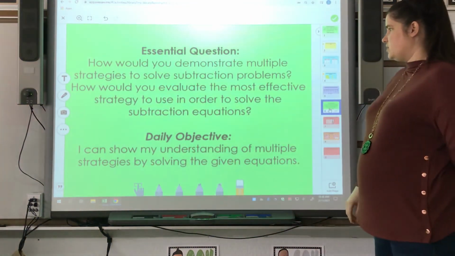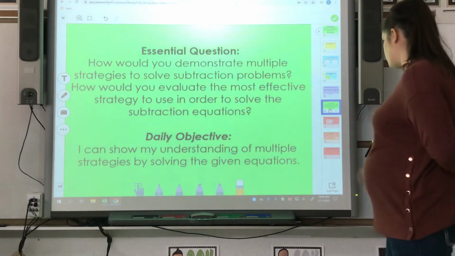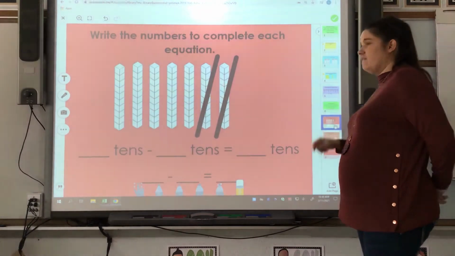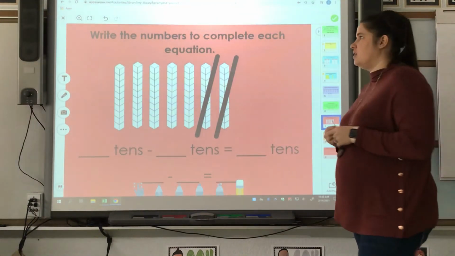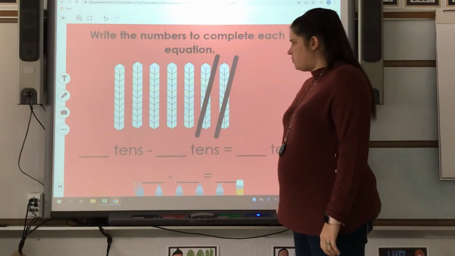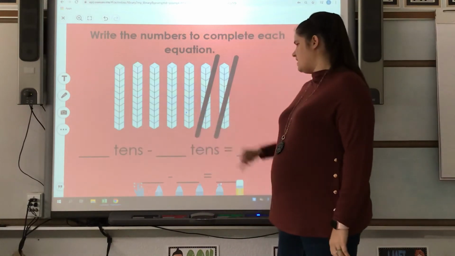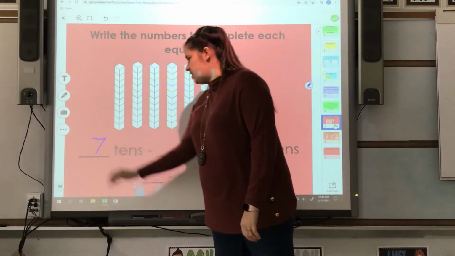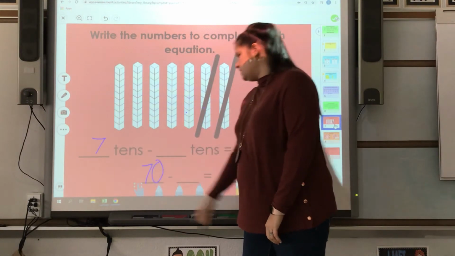And now we are going to move to showing our understanding of subtraction problems. Very similar to what you saw yesterday. This is a review before you start on your assessment. So write the numbers to complete each equation. I have 1, 2, 3, 4, 5, 6, 7 tens. And I also know that 7 tens is equal to 70.